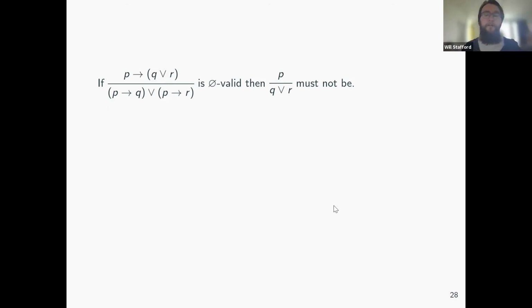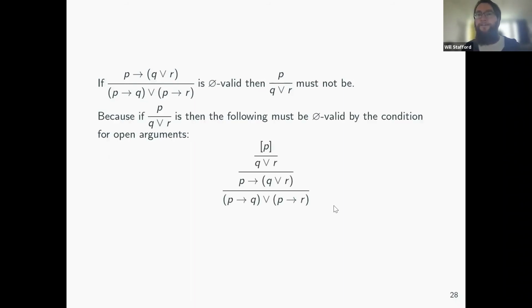The general idea here is whether we can construct a double detour or not. When we do have the step from P to Q or R being valid, we're not going to be able to construct a double detour, and so the Harrop's-like rule isn't going to be proof-theoretically valid. But let's say that again more slowly.